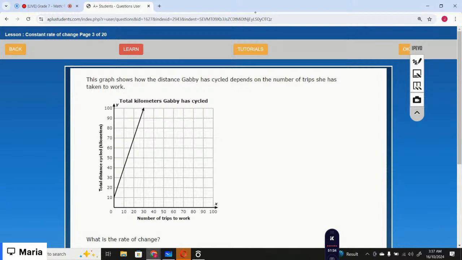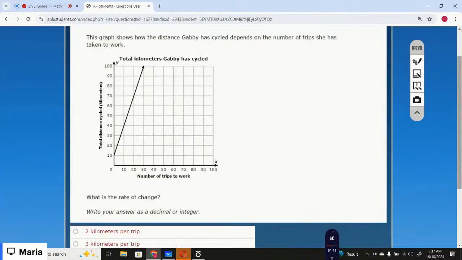This graph shows how the distance Gabby has cycled depends on the amount of trips she has taken to work. So, what is the rate of change?